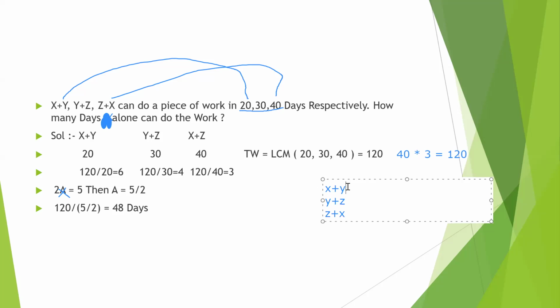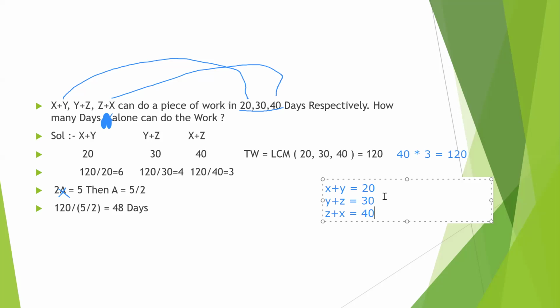We have to find x. So what do we do? Here the given values are 20, 30 and 40. So we want x only.